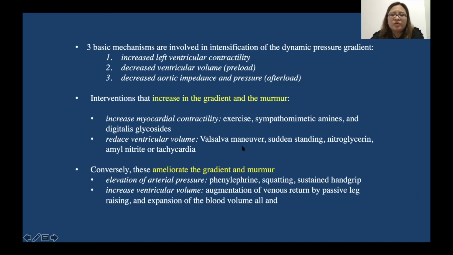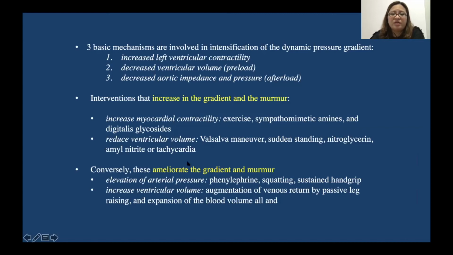Valsalva maneuver, sudden standing, use of nitrates, and tachycardia increase the gradient as well as the murmur, and this is because of the reduced ventricular volume.